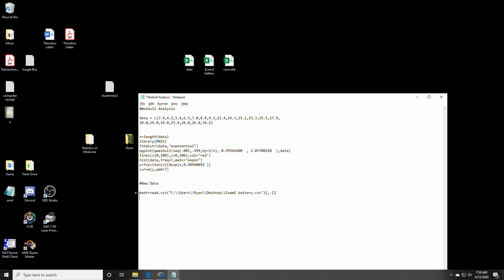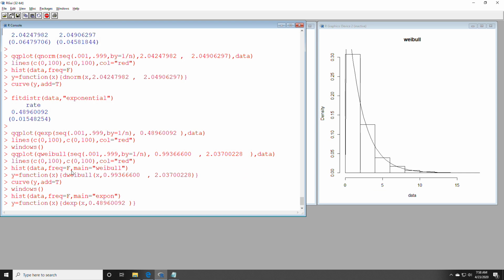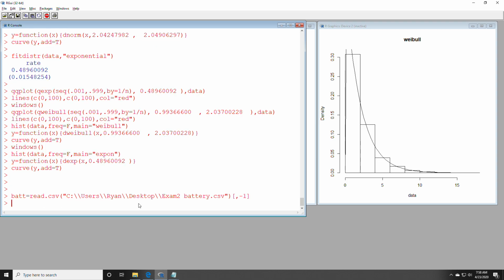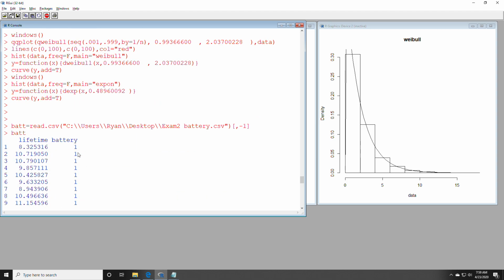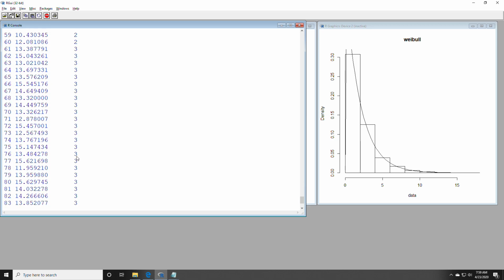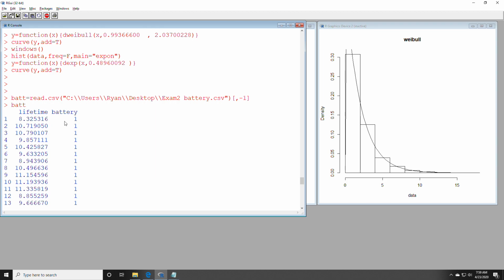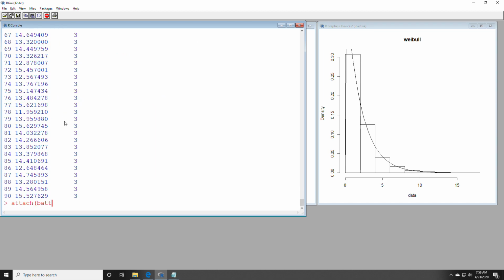Okay, and I'll call it BAT. Call my data set. Again, you can call it whatever you want. Let's look at it. Okay, so we've got our lifetimes and we've got our battery labels. Yeah, lifetime battery. So I can attach that, so I can use my labels.